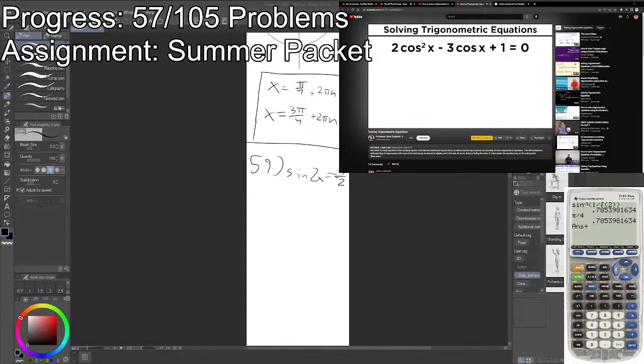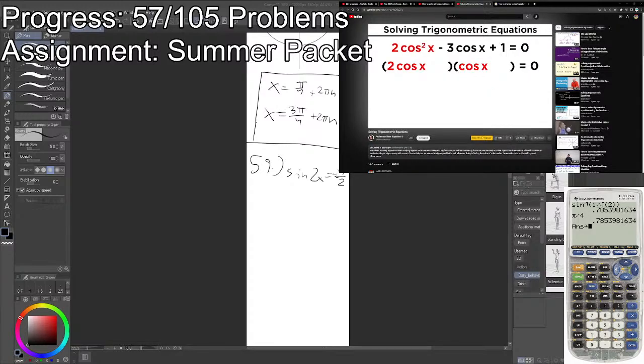Trigonometric equations get much more complicated than this. We can even see them in quadratic form. Take something like 2 cosine squared x minus 3 cosine x plus 1 equals 0. And we are just looking for answers in the interval from 0 to 2 pi. It may look different than your typical polynomial, but we can factor this into binomials just like we normally would.